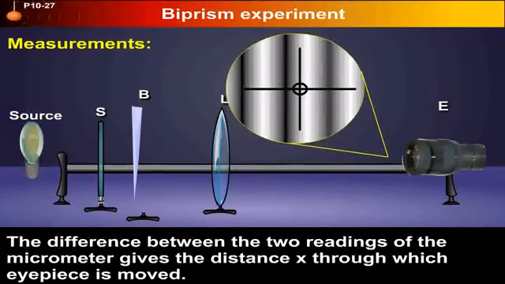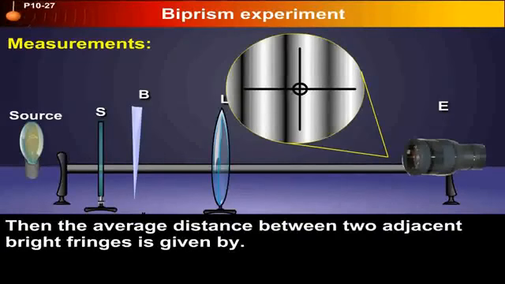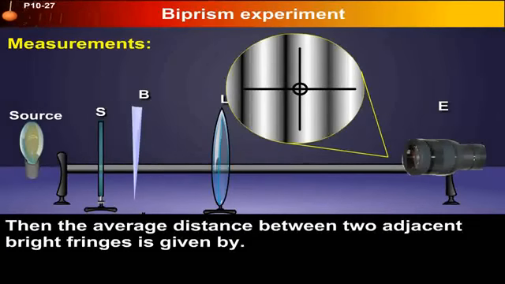The difference between the two readings of the micrometer gives the distance small x through which eyepiece is moved. Then, the average distance between two adjacent bright fringes is given by X is equal to small x upon n.